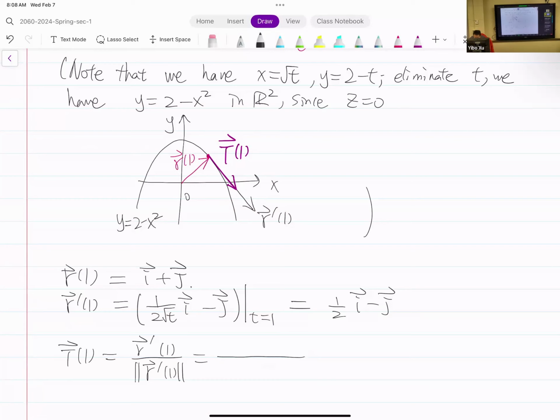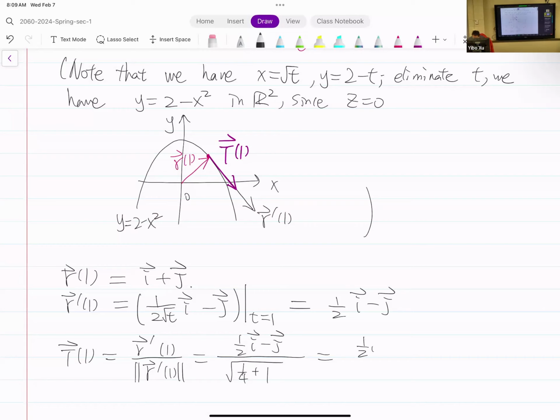The numerator is 1/2 i minus j, and the denominator is the magnitude of that, the square root of the sum of the components squared. So 1/4 is the square of 1/2, and 1 is the square of -1. Essentially, we have the square root of 5 over 2 in the denominator.